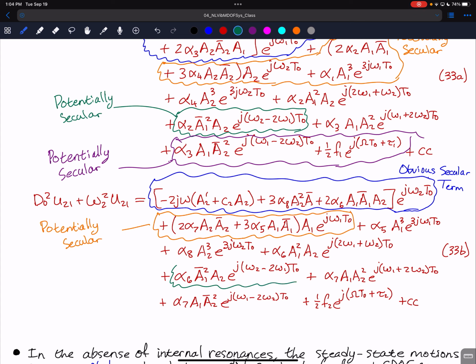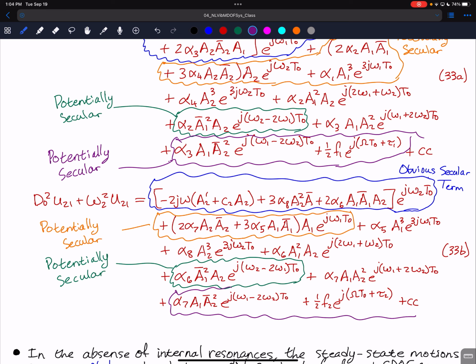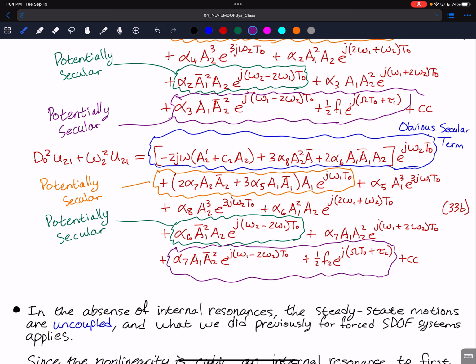The second potentially secular term is right here. And then lastly, this term in purple is potentially secular.